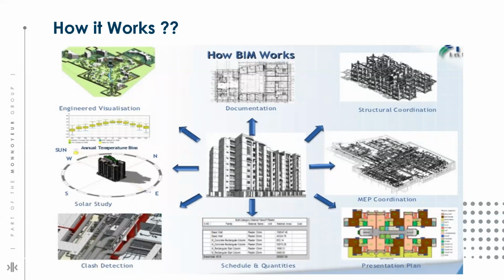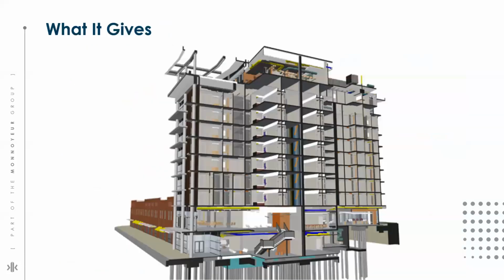So this is how it works, and this is what it gives. It is more about having the coordinated model. We can have a consistency throughout the model, how we are developing, how we are proceeding, and how we are leveraging our networks.